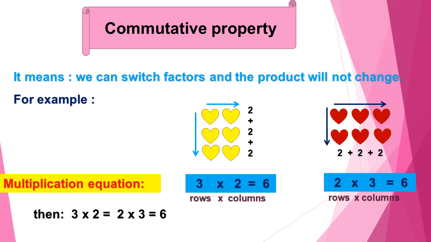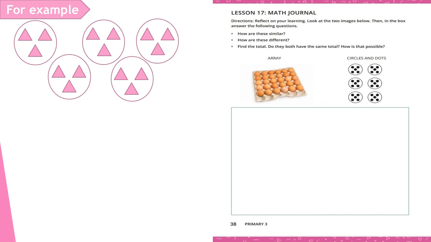So the numbers we multiply together are called factors. If we switch them, the product will not change. For example, we have here 5 groups of triangles. Each group has 3 triangles. Then we find that 3 is repeated 5 times.